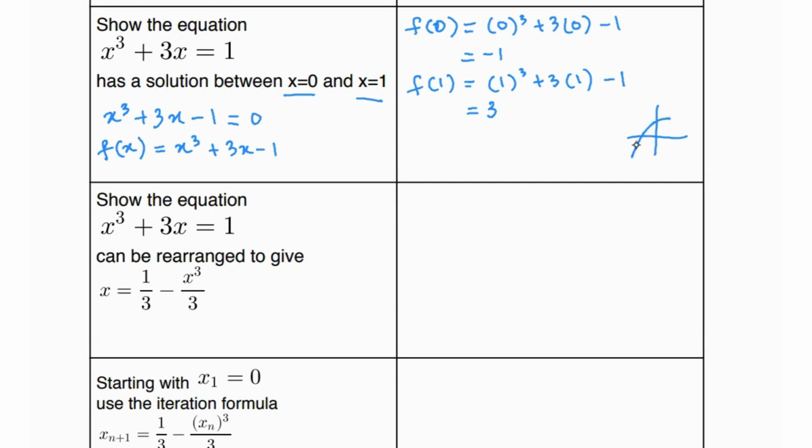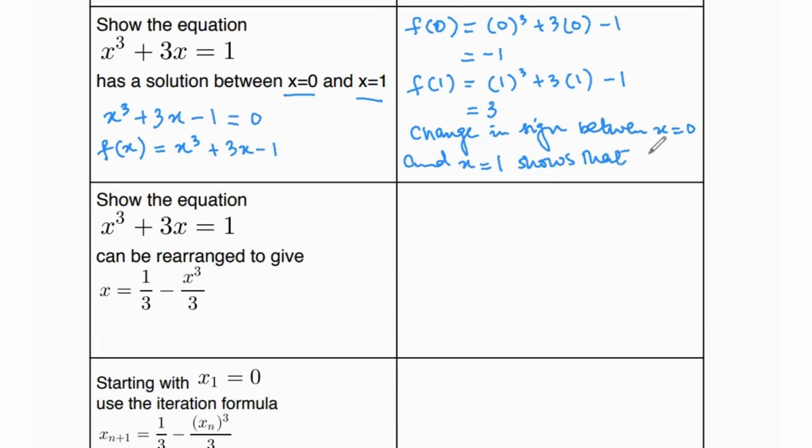So what you will say is: change in sign between x equals 0 and x equals 1 shows that the solution exists between them. That is your complete answer.